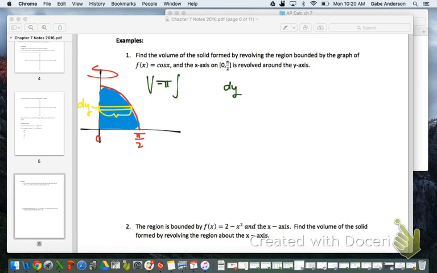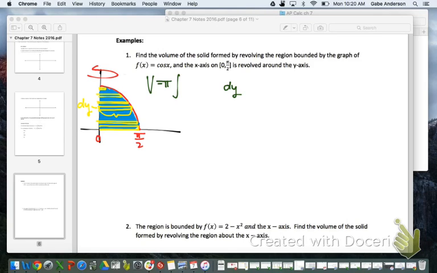Okay, the next thing I'd like for us to handle is the limits of integration. I need to know where I'm going to start accumulating and where I'm going to stop. So my first little representative rectangle would be down here, and there'd be another one right here, and a bunch in the middle there, and more, and eventually I'd get up here to the top. So I need to stop and think about where I will start accumulating those, like what's the lowest value of accumulation, and what is the highest.